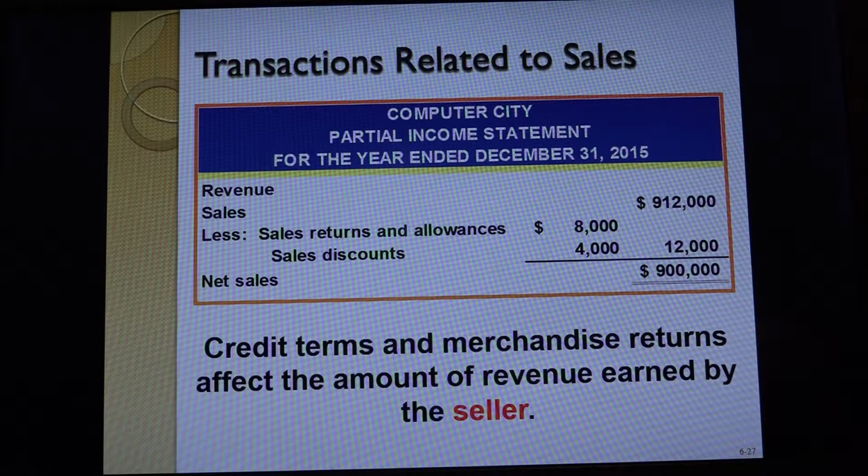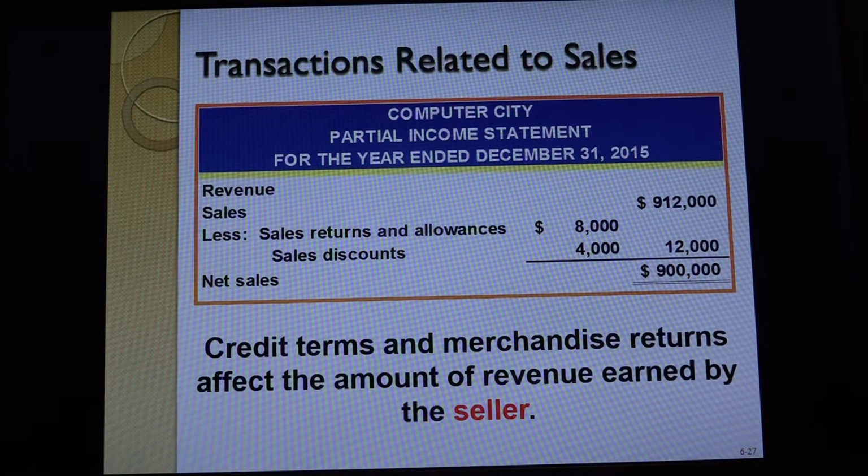And so these are the transactions that are related to the income statement. The sales part, you're going to have sales, and then you're going to have these, what they call contra revenue accounts, called sales returns and allowances. Now note here, they kind of flipped on us.